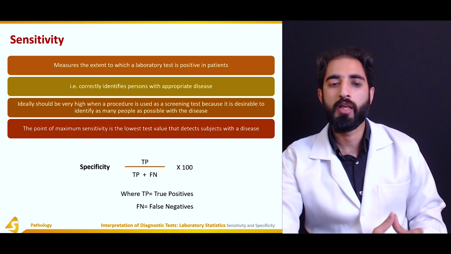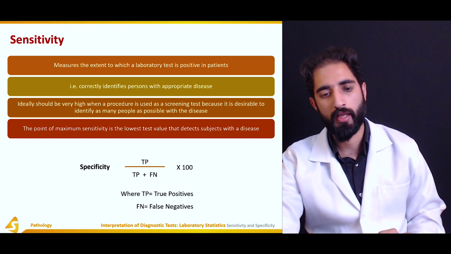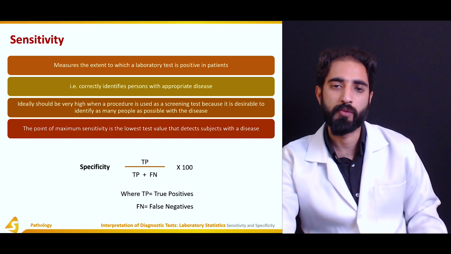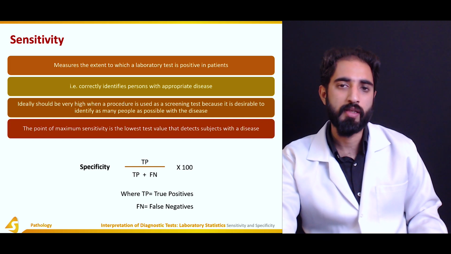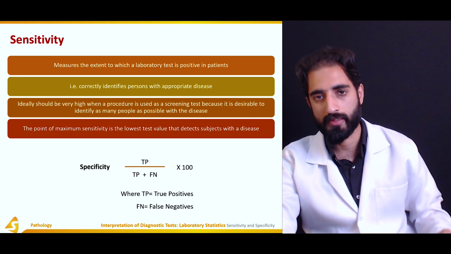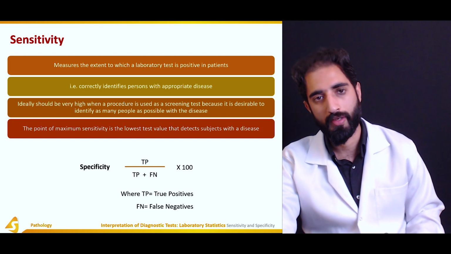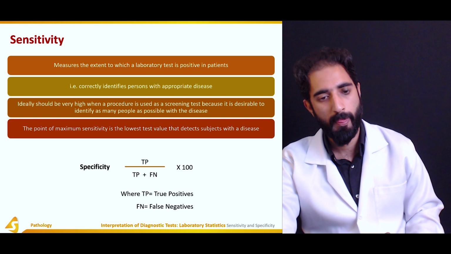Ideally, sensitivity should be very high when a procedure is used as a screening test, because it is desirable to identify as many people as possible with the disease, because the greater the sensitivity, the greater the probability of giving a positive result.